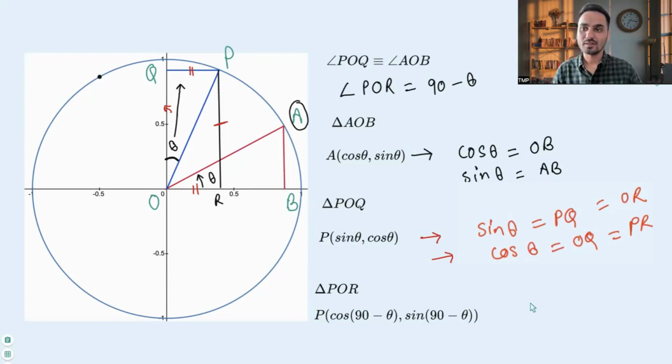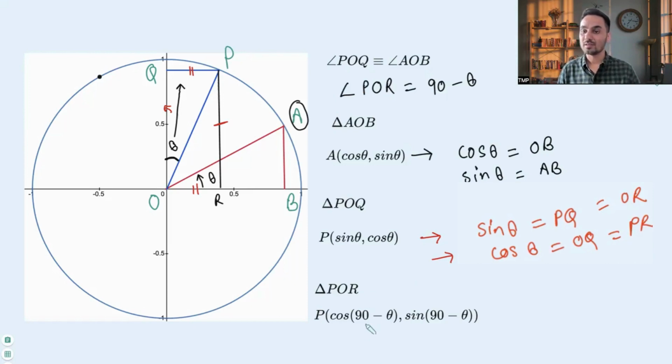And now we can move to triangle POR. In triangle POR, we know that angle POR is 90 minus theta. And if you follow the same process to find the coordinates of point P, you will find them as cos 90 minus theta and sine 90 minus theta.